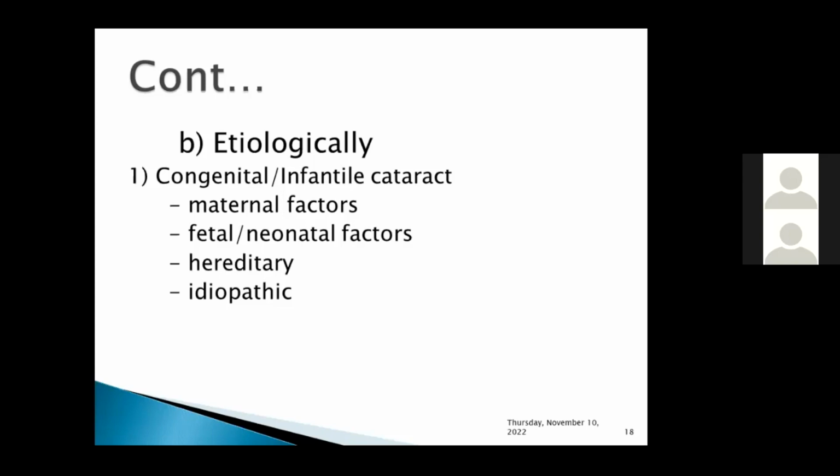Autoimmune diseases also can result in cataract. For the hereditary type, the main mode of inheritance is autosomal dominant, but autosomal recessive or X-linked are also possible; the commonest is autosomal dominant.